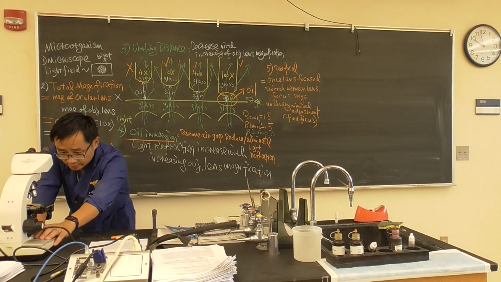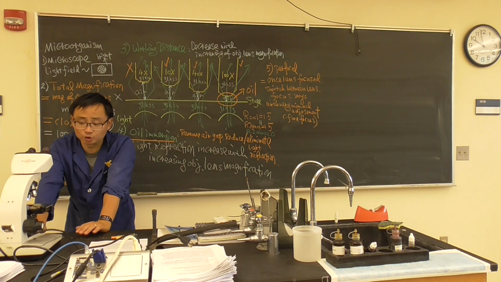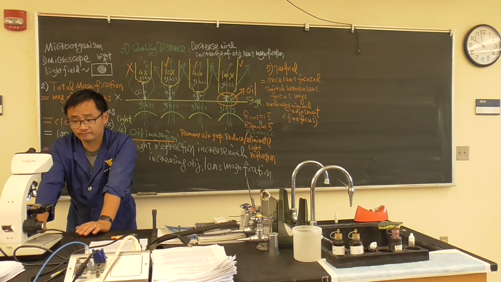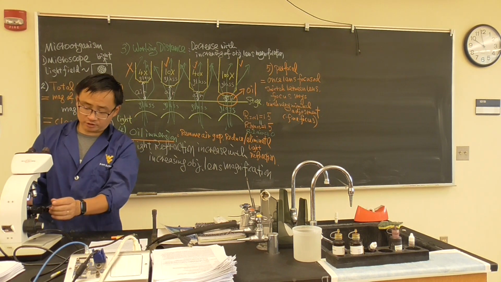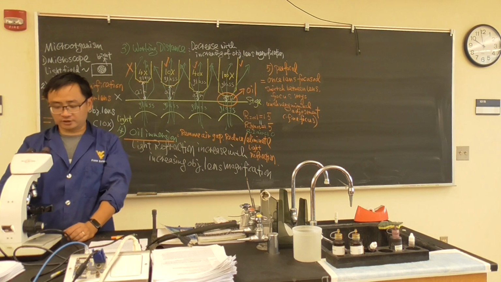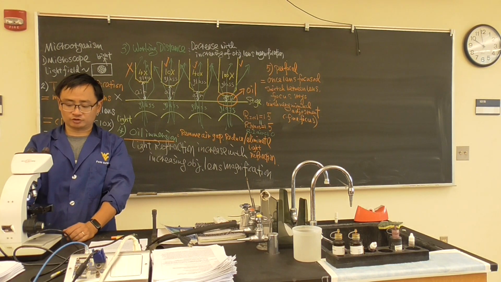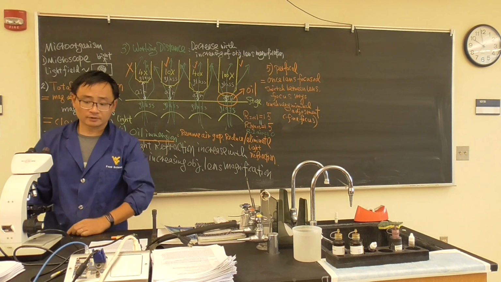Then turn the light all the way to the end. We'll explain to you why in a second. Now we have a stage. This is called the stage control. This one can move back and forth. This clip is for the glass slides, put it there.